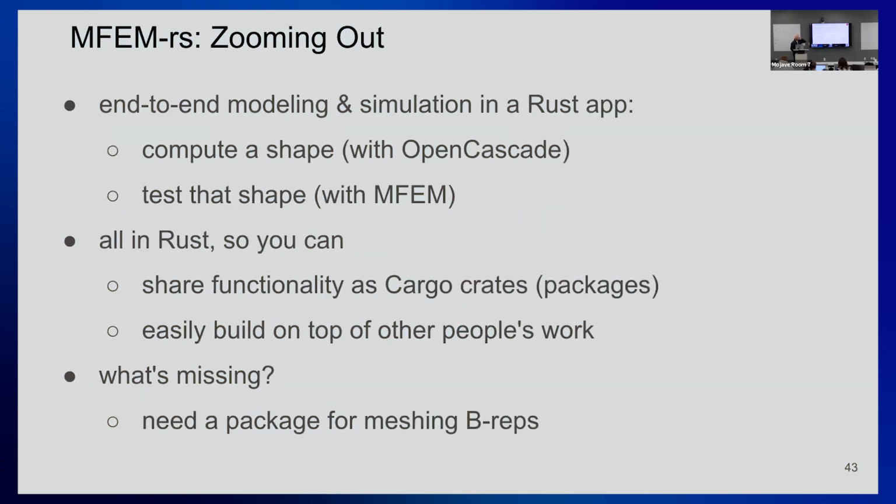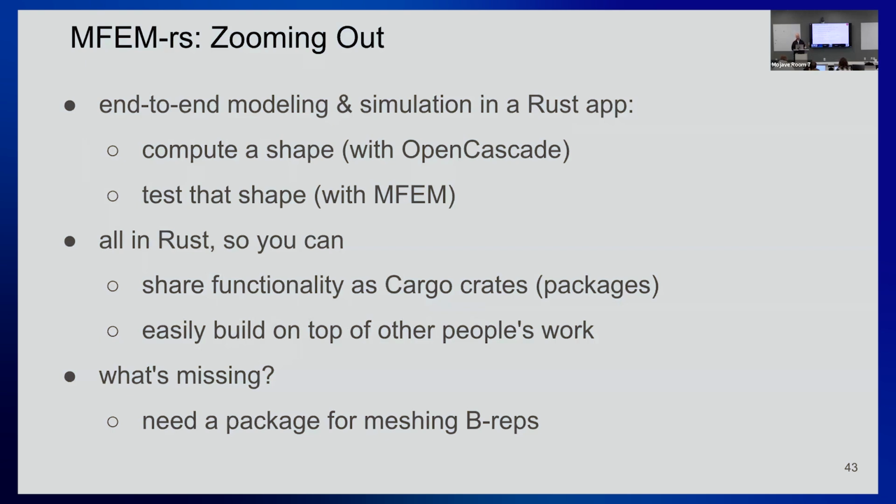Why this is important is that once you have both of these, you can do end-to-end modeling and simulation in a Rust app. You can compute a shape using Open Cascade and do all sorts of testing and analysis on that shape with MFEM, never having to leave Rust in this process. So it can be a single code base, a single application.